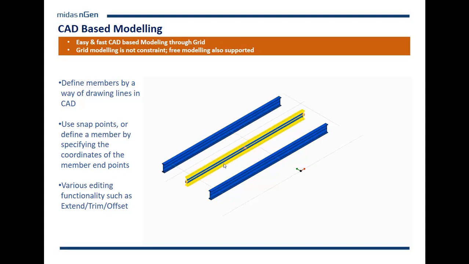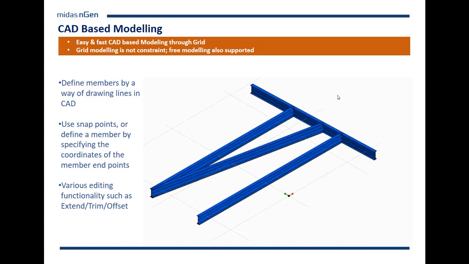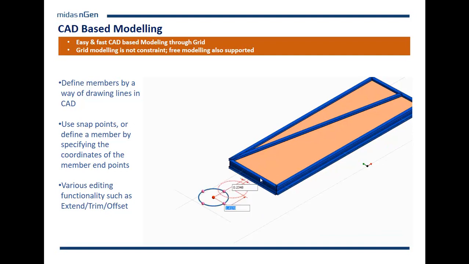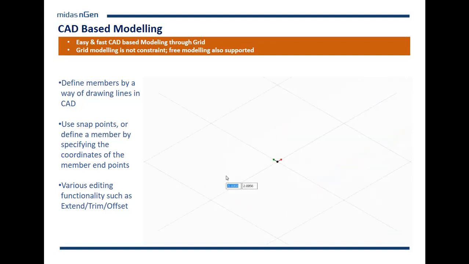We can generate various types of grids, and we can generate the geometry quite easily. We can also generate data with grid and without grid in one model file, so that provides a lot of convenience for irregular structures.